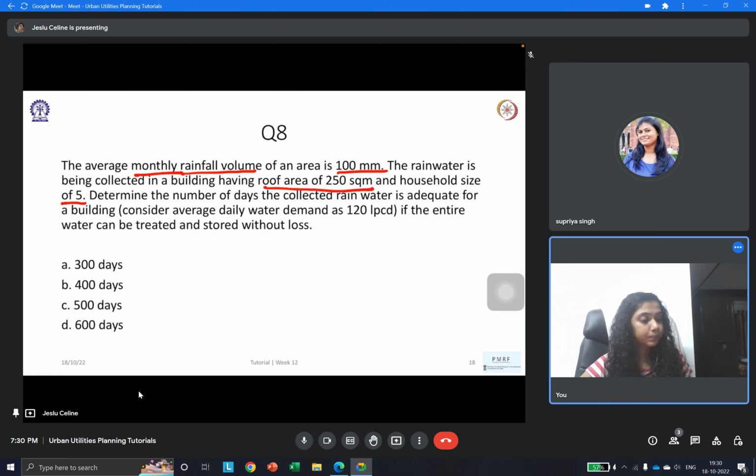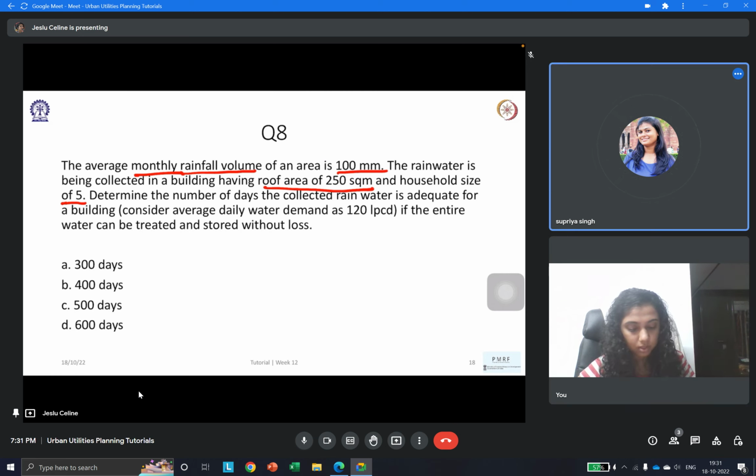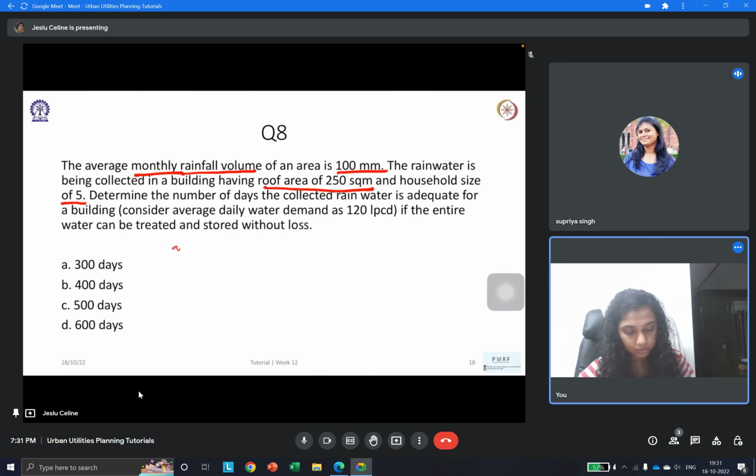Fine. So let's do it. Let's go by monthly. The average monthly rainfall is 100 mm, so we can calculate the annual rainfall, which would be 100 into 12, that is 1200 mm, which I'm converting to meters, so 1.2 meters.